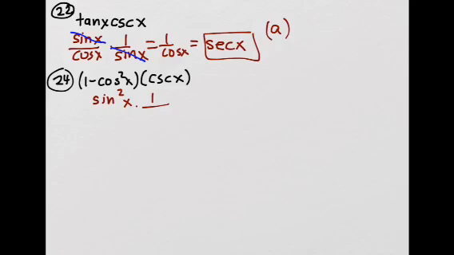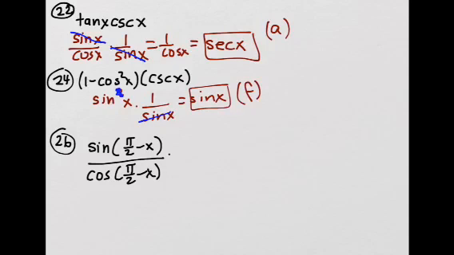So here you have cosecant is 1 over sine. And so sine squared x over sine x, I can cancel out 1 sine x here and 1 from here, so that it just leaves you with sine x. And that is letter F.